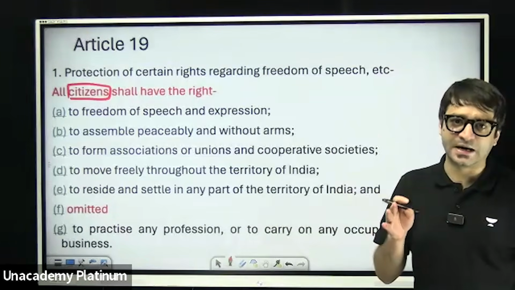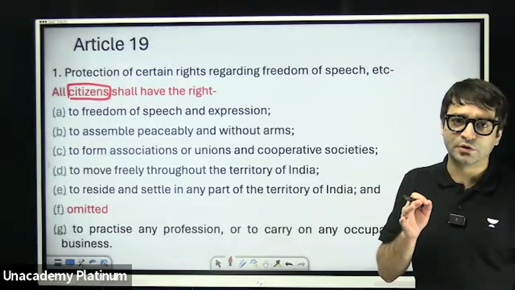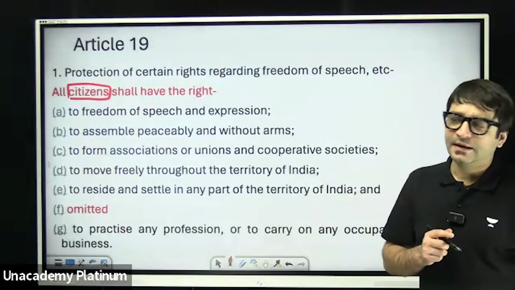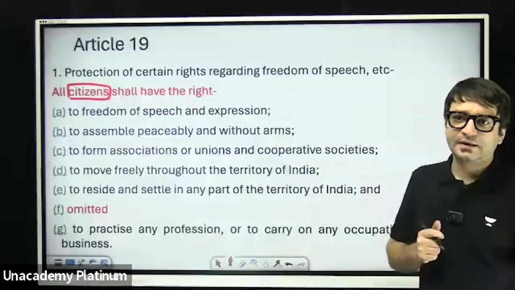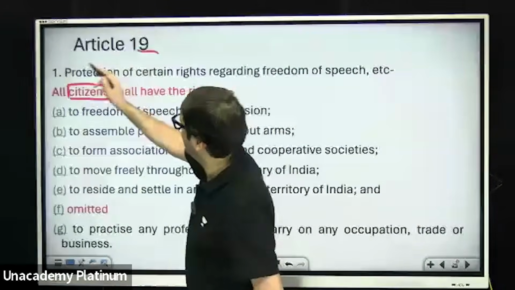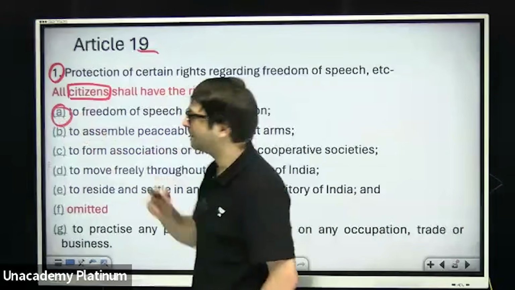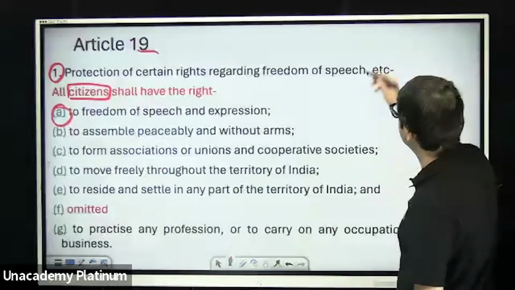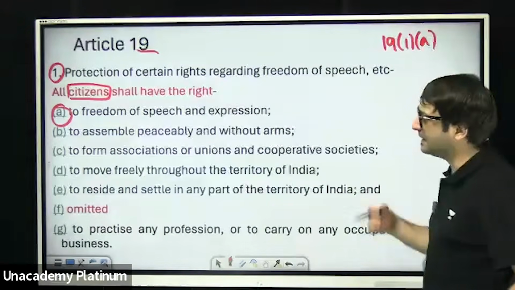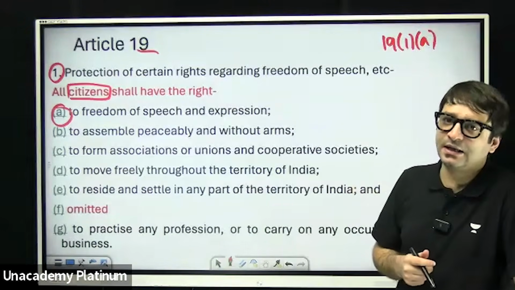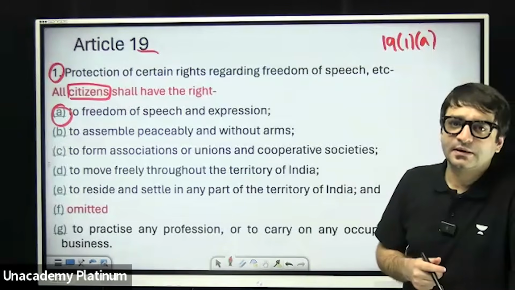These 3 fundamental rights are exclusively available to citizens. And within Article 19, there are some rights: 19(1)(a), 19(1)(b), C, D, E, F, G. That's how you write these articles.